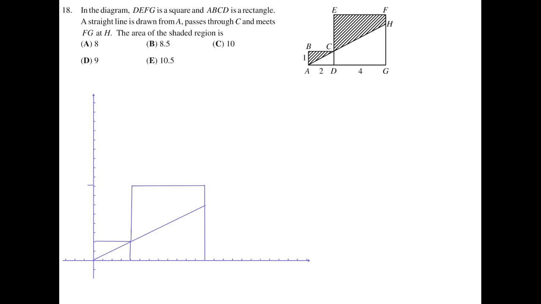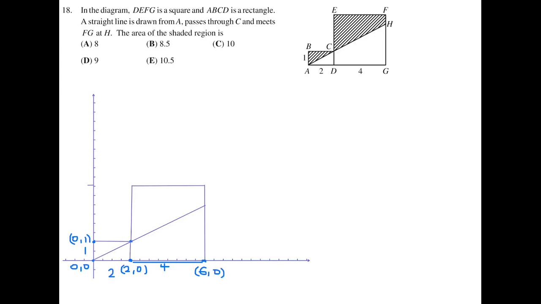From here to here is 2, so this point is 2, 0. From here to here is 4, so this is 6, 0. And from here to here is 1, so this point here is 0, 1. This is, of course, the origin, 0, 0.